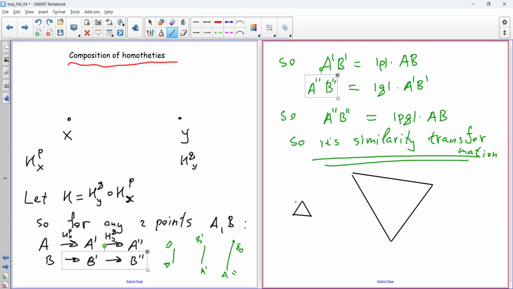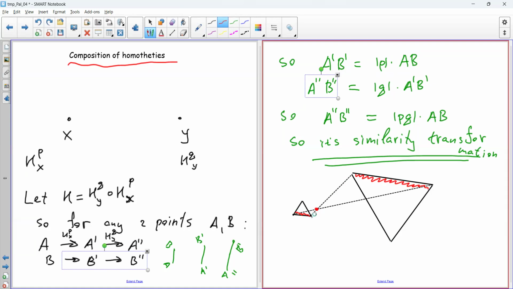Let's have the diagram. If we take the homothety with this center, which brings this point to this point, and this point to this point, and also the internal side of the triangle to this internal side of the triangle, then the position of this point would be defined exactly as the image of this point under this homothety.